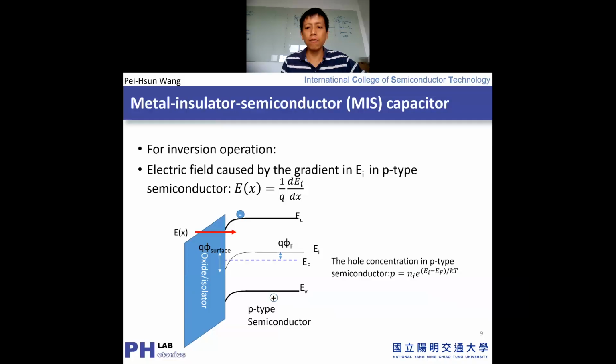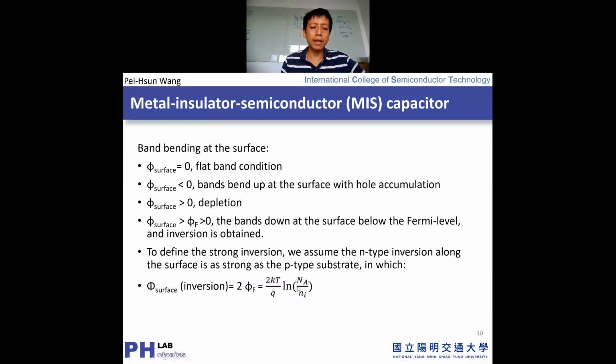So Na equals to Ni multiplied with e to the phi f over kT. So under this constraint, we can replace the phi f with log Na over Ni multiplied with kT over q. And these two indicate the factor of 2 phi f. So we can determine what is the strong inversion under the inversion operation.